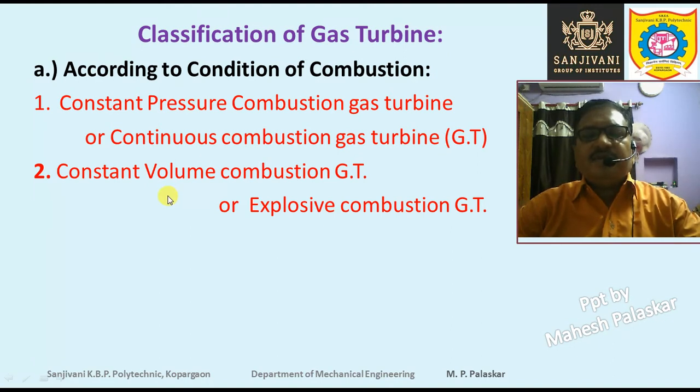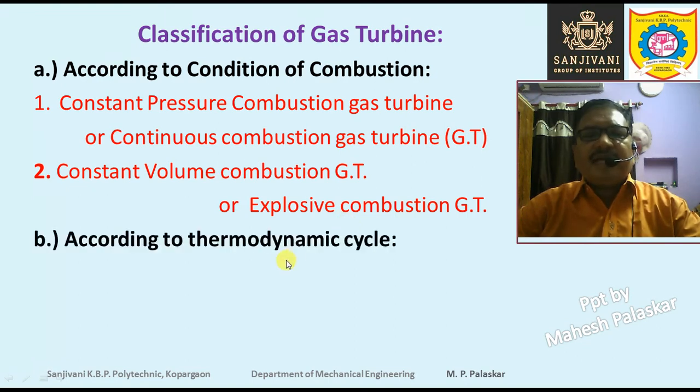So there is an explosion, and a sudden rise in the pressure. The volume is constant, but the pressure is not constant. Pressure will rise in this type of turbine because the combustion takes place at constant volume, and it is an explosive type of combustion.